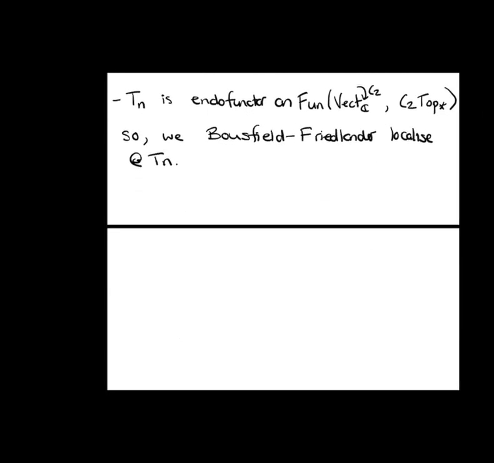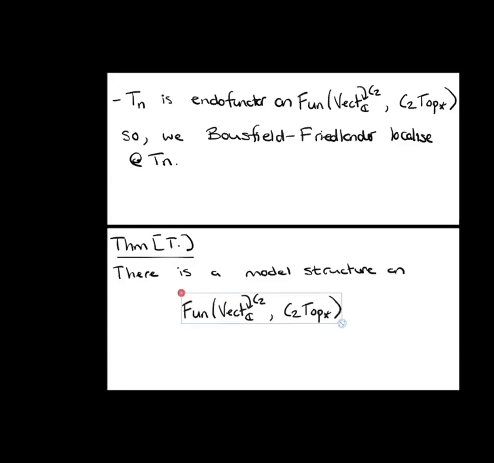And the result is a model structure that will tell us about the n-polynomial objects. I should say that you can do other similar things in other versions of calculus. This is not unique to this situation. So there is a model structure on, again, this category, and I only need to tell you what the weak equivalences and fibrations are.